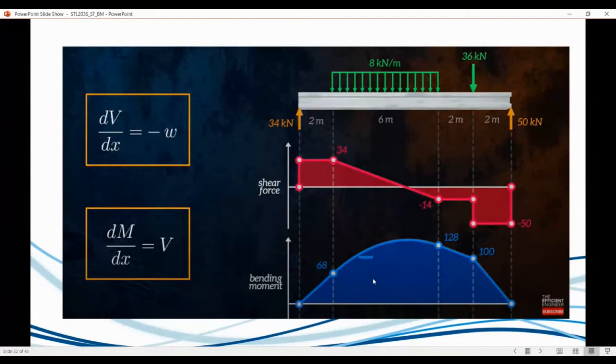So that point, after the 8 meters going into the beam, is where your maximum shear force occurs, right? If you're going to be designing a joint, wherever you're putting those joints, you need to be aware of where you want to put it. So that's the purpose. You can basically locate where you want to put your joint of the beam.